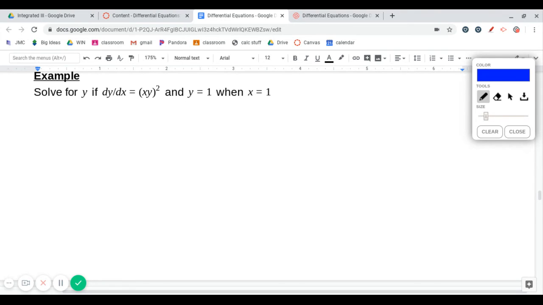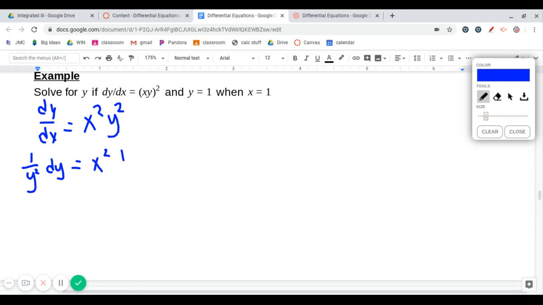So this is dy over dx equals, I'm going to write this as x squared times y squared. So then we have two separate functions, clearly. Now we're going to put all of the y's on the left-hand side. So this is going to be 1 over y squared dy, and multiplied by dx equals x squared dx.